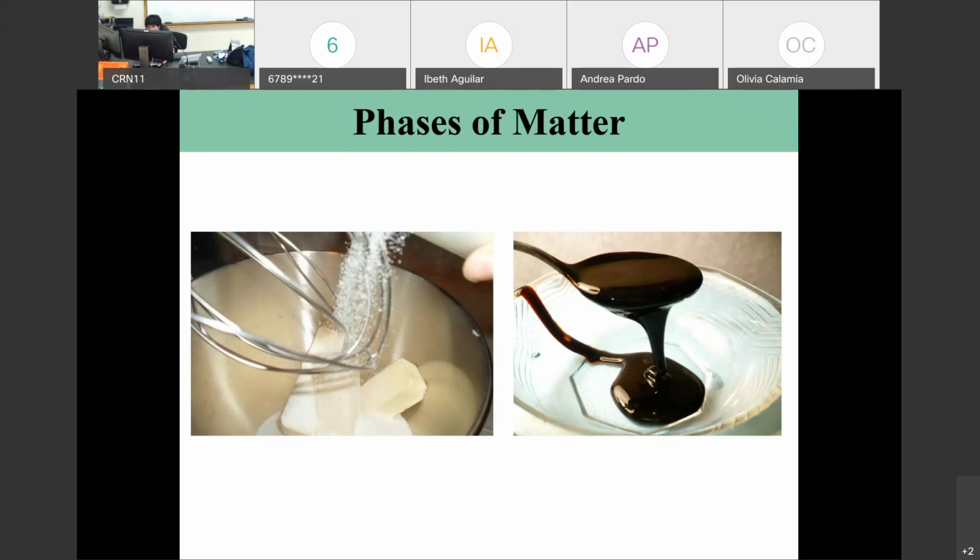Then you can have other types, for example, very dense, like chocolate cream, and it's actually liquid, but when you put it in a spoon, it looks like a solid, sort of a wavy, mushy solid, right? But it's actually liquid, okay?